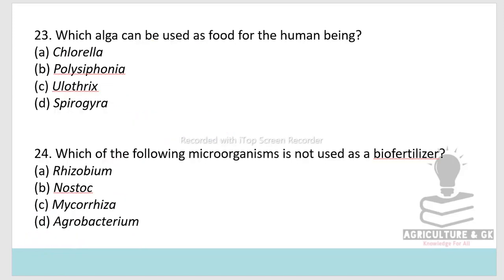Now moving next. Which algae can be used as food for the human being? Chlorella, Polysiphonia, Ulothrix, Spirogyra. So which one of these can be used as food? So chlorella is the mostly cultivated eukaryotic algae because it is used as health food or food supplement, and it is also used in pharmaceutical and cosmetic industry because it contains proteins, carotenoids and some immunostimulators, so which makes it a health food.